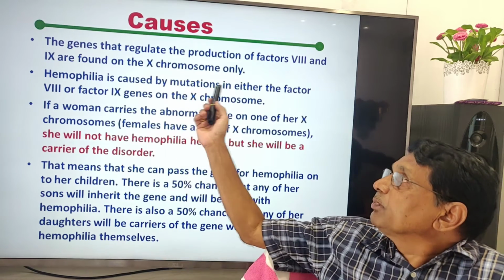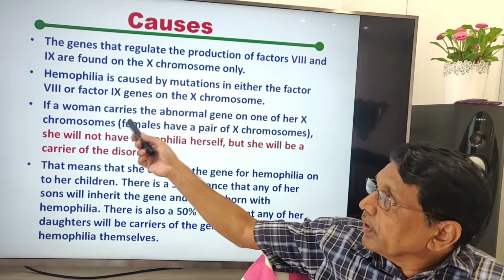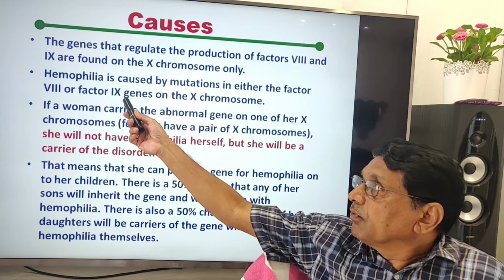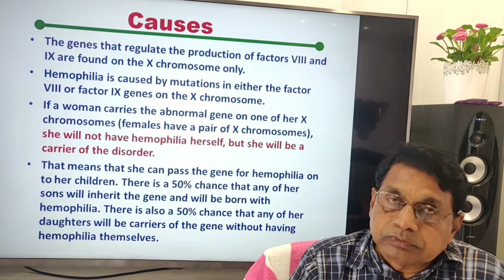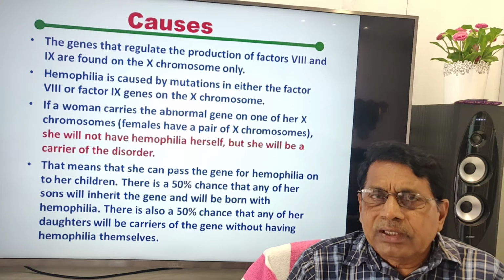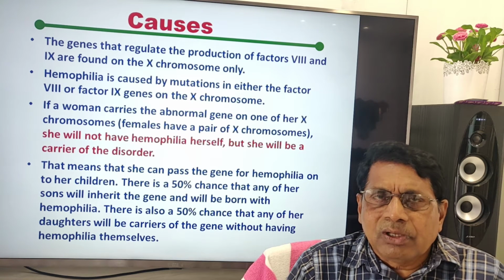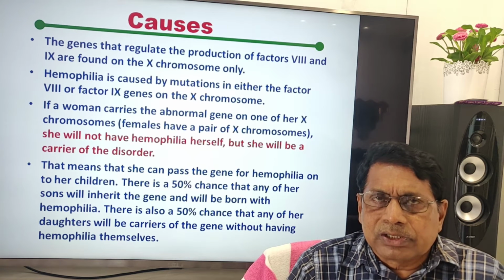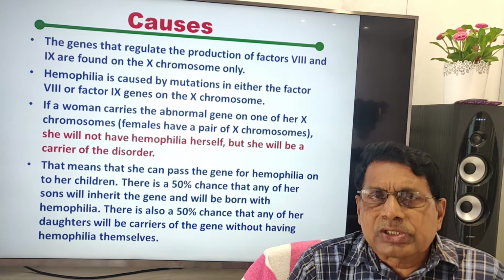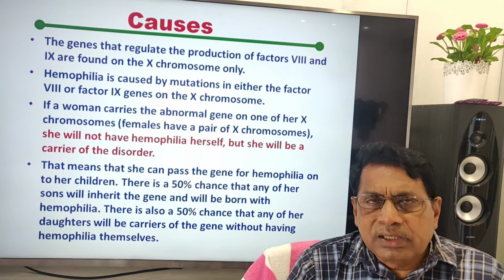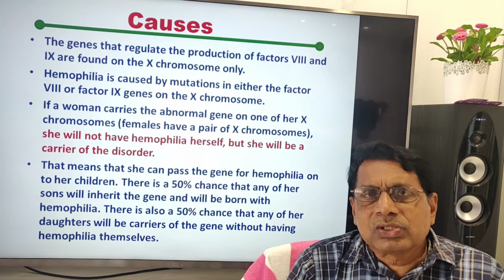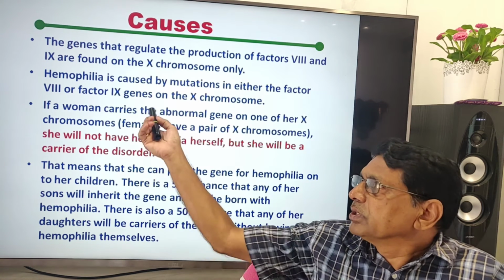Haemophilia is caused by mutations in either the factor VIII or factor IX genes on the X chromosome. Normally genes will be normal, but if changes occur in the nucleotide sequence of the DNA, they are called mutations. Because of the mutations, these defects arise.